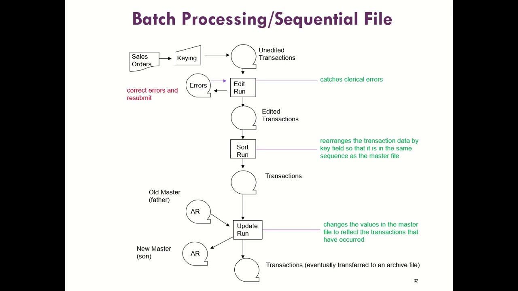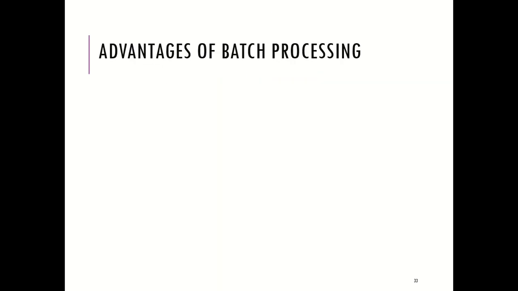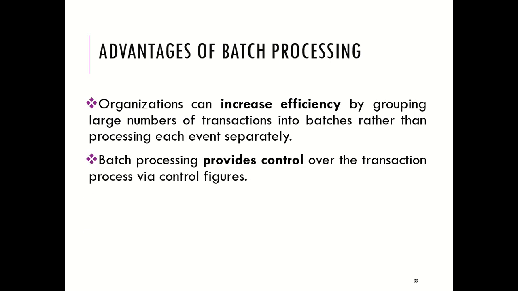Then the edited transactions go through a sort run, which rearranges the data by key fields. Then the transactions go through the update run, going to the various backup files. Okay? So let's now have the advantages. Why do most entities use batch processing?